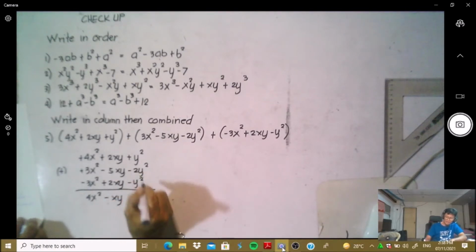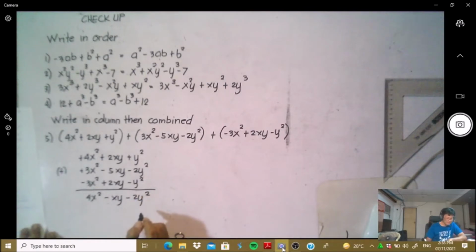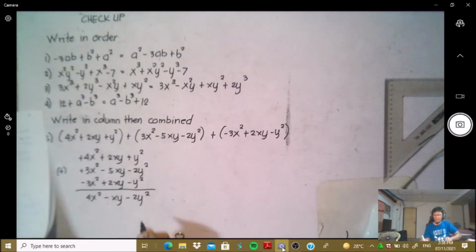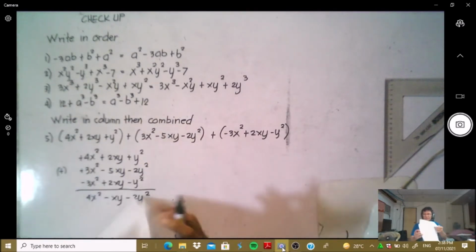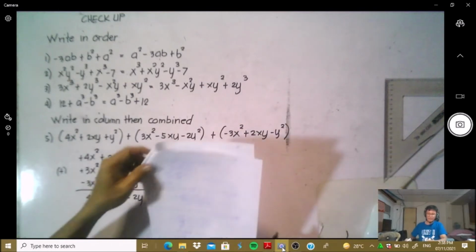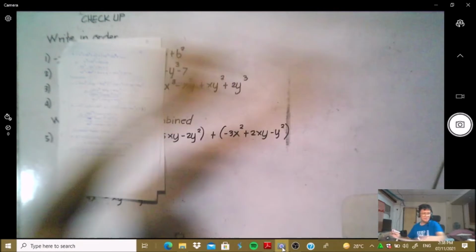Then we can also cancel y squared here, so we have negative 2y squared, and this will now be our answer: 4x squared minus xy minus 2y squared.